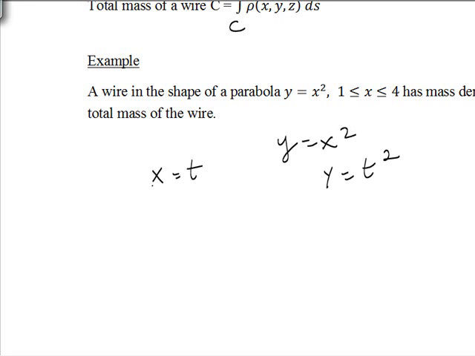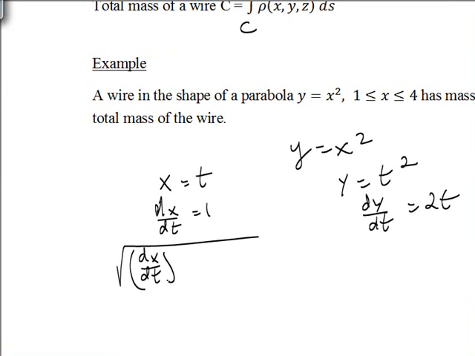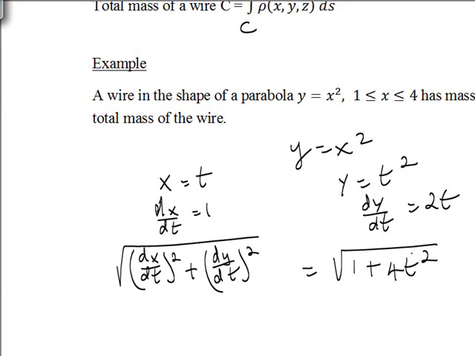And you do the same thing. dx/dt is 1. dy/dt is 2t. The square root of (dx/dt) squared plus (dy/dt) squared is the square root of 1 plus 4t squared.